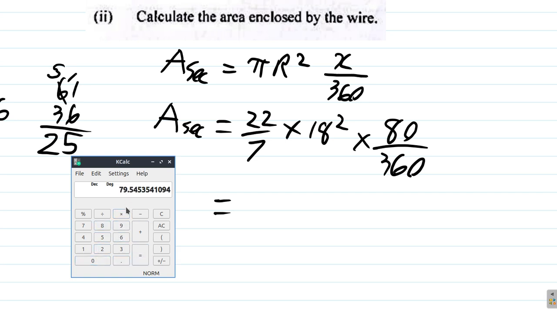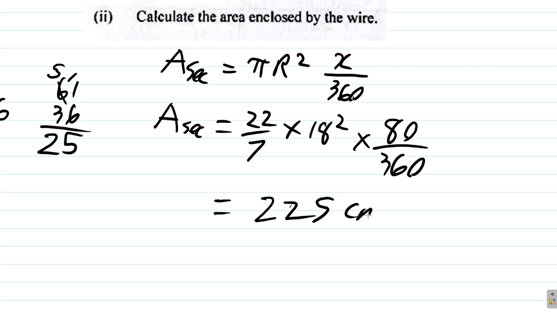It's not 80 I divide by. That divided by 360, equals. Multiplied by 18 squared, so 18 multiplied by 18 again, equals that. Multiply by 22, you get that, over 7, equals 225. So it is 225 centimeters squared. So that's that.